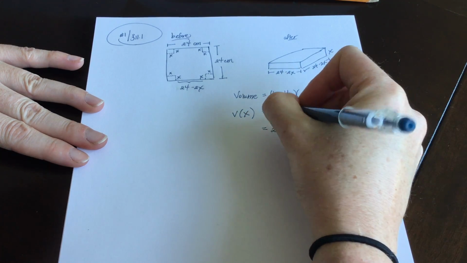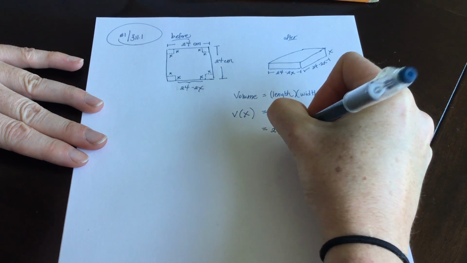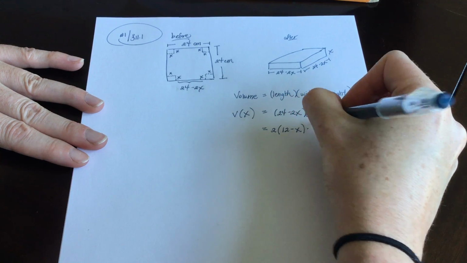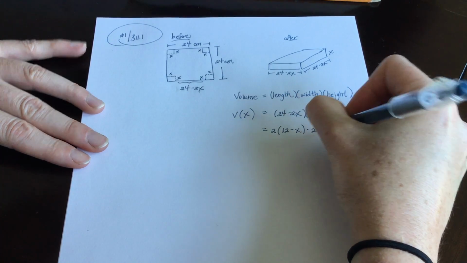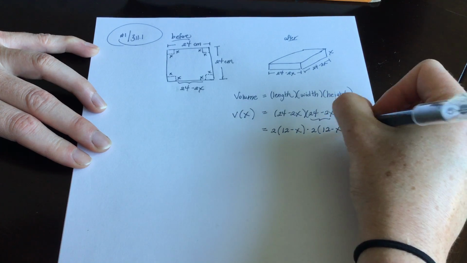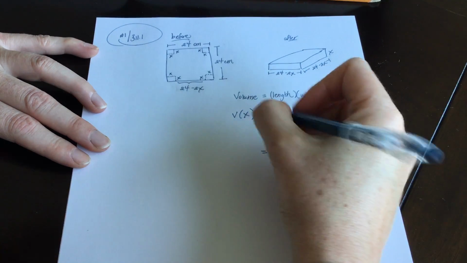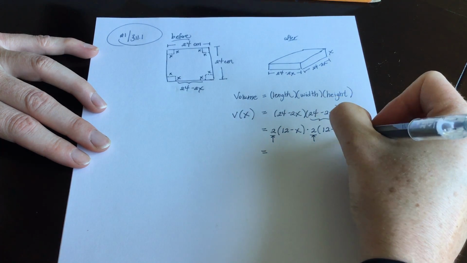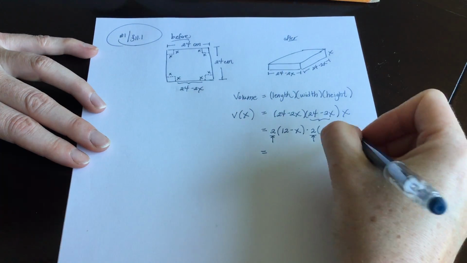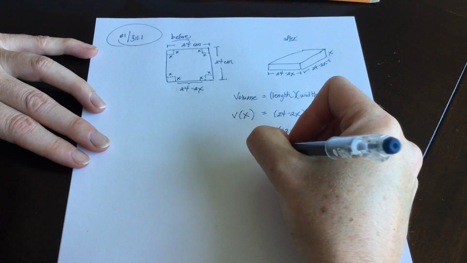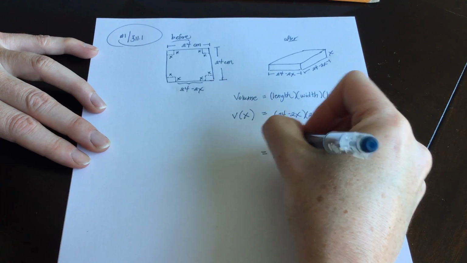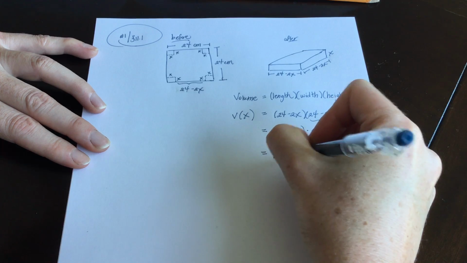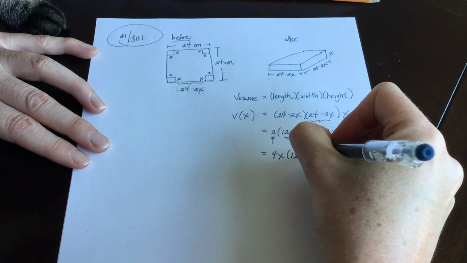So you'd have 2 times (12 minus X) times 2 times (12 minus X), and then times that X. Then they just used the commutative properties to move these in front as 4X. And 12 minus X times itself is (12 minus X) squared.